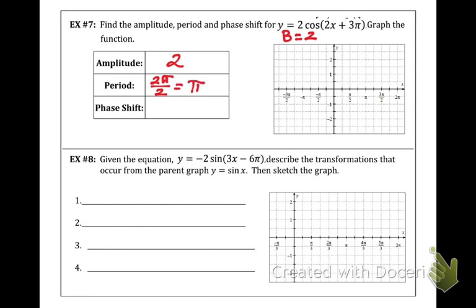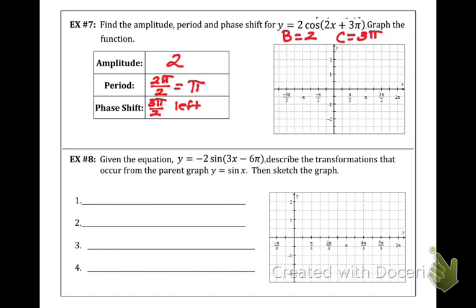And then we need to figure out our phase shift. My C in this case is 3 pi, so my phase shift is 3/2 of a pi, C divided by B. And we're moving to the left because of the plus sign.